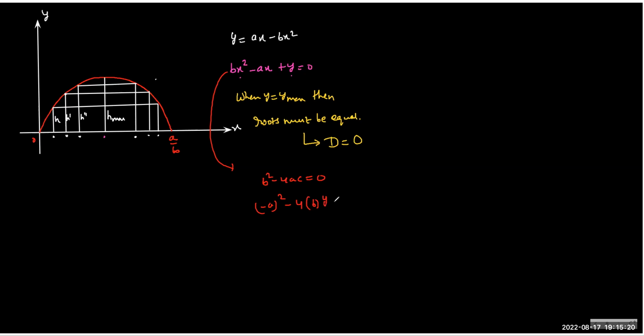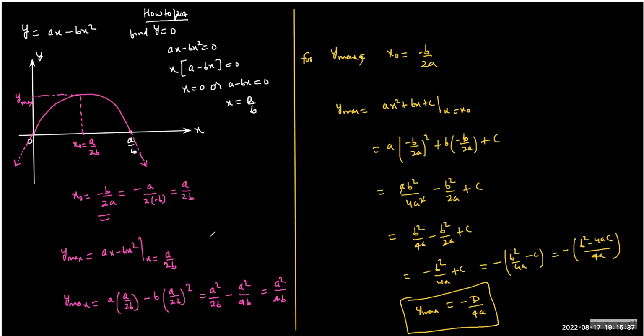Yes, sir. And if you rearrange, you will get the answer y equals to a square by 4b. And this is the maximum value, right? This was the answer. I think we got the answer somewhere. Yeah, a square upon 4b.